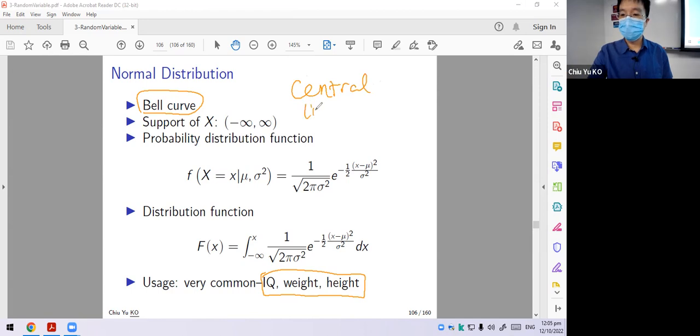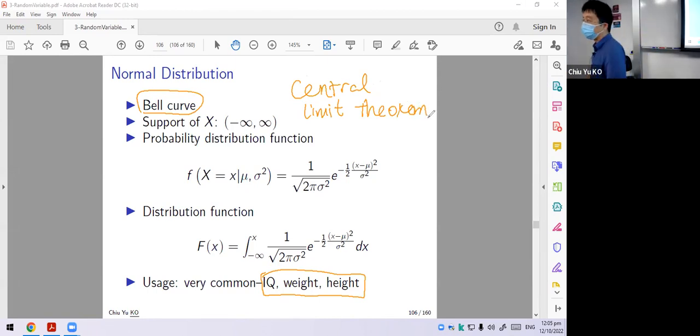We'll cover this by the end of this month. Loosely speaking, it says that when a measurement or a random variable comes from the average of other independent random variables, you end up with the bell curve.